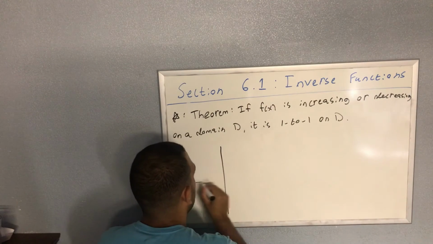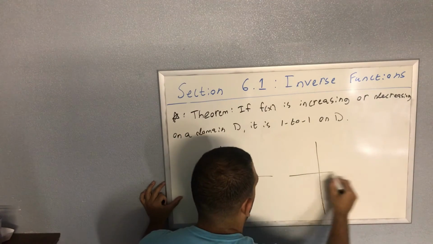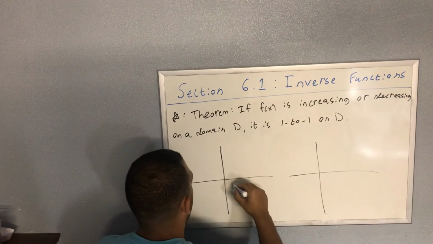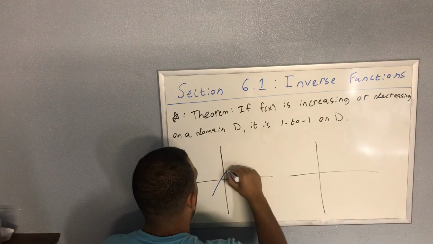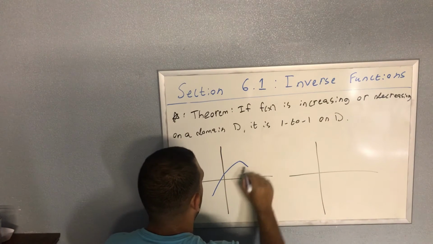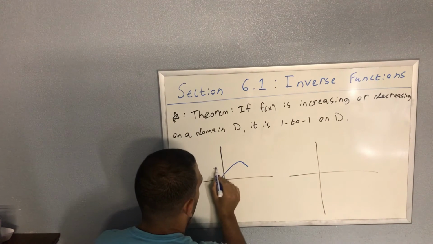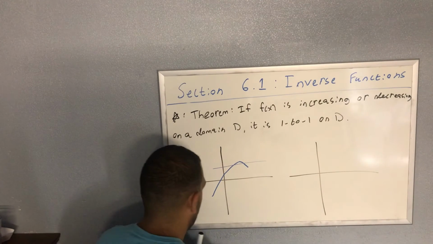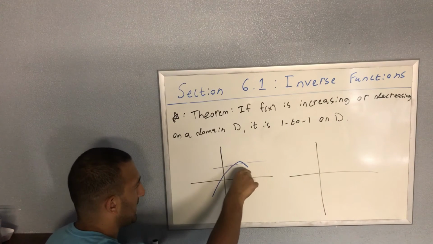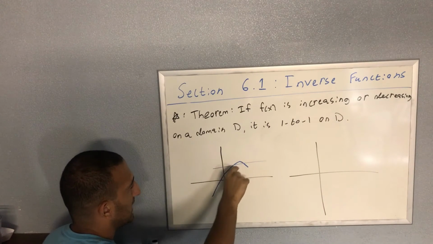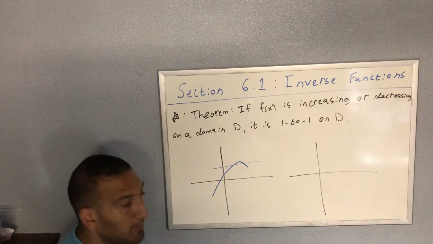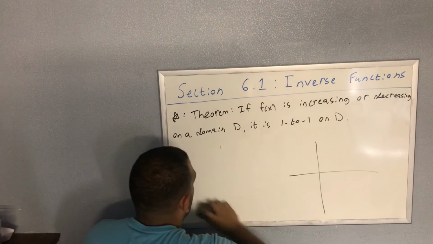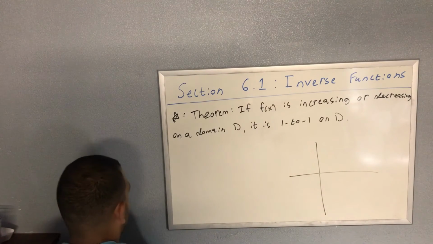And this makes a lot of sense if you think about it. For the function to not be one-to-one, let's say it starts going up and then it dips back down. If I draw the horizontal line now, that's going to create a problem. Anytime it goes up and then dips back down, it has the chance of hitting a number that it already hit before, so it would fail to be one-to-one. But if the function is always increasing or decreasing, this will never happen.